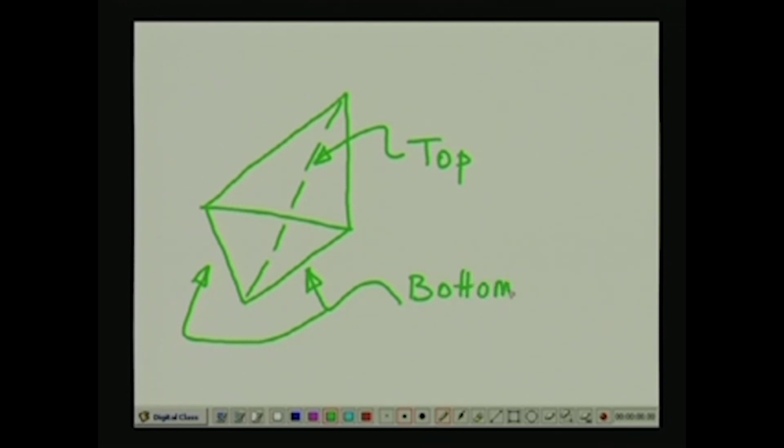So, this particular wedge, if it has to remain stable, then you have to consider the frictional resistance that is going to get mobilized on those three planes, and these are actually two planes.